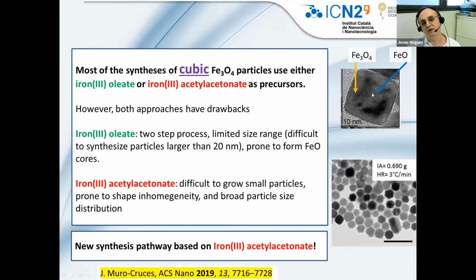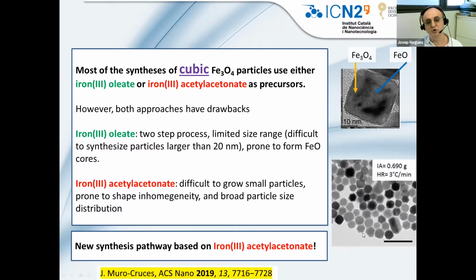Here I show you a particle with a core of FeO and a shell of Fe3O4 grown with iron oleate. In the case of iron acetylacetonate, first it's difficult to grow small particles, and then it's prone to shape inhomogeneity and a broad particle size distribution.